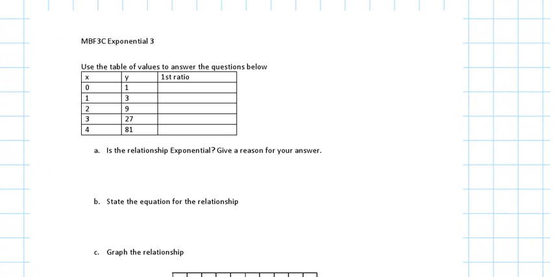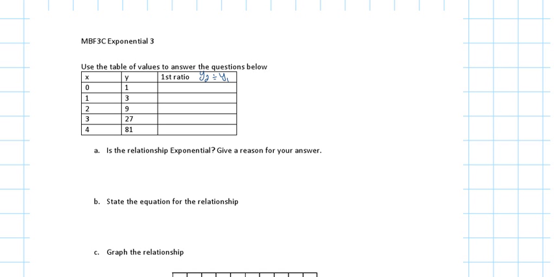It's not minus. It's called a ratio, not a difference. So instead of a minus, what do we do? Division. So it's y2 divided by y1. Anytime I want to know if it's exponential, I have to do the first ratio.